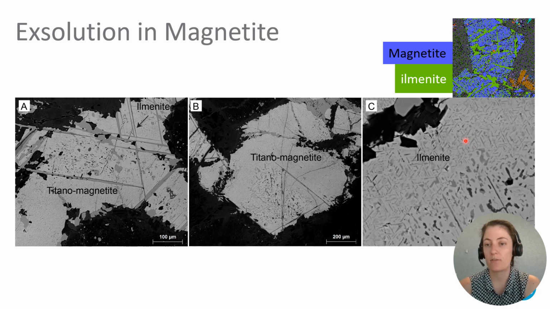So when we quantify this grain, those titanium phases will be incorporated into the analysis. For this case, I think that it's okay because this was the original magmatic composition of this magnetite. It had this titanium in the crystal structure, and as it cooled, it exsolved out of the crystal structure. So in this case, I believe that it's okay, but it's something that you should be wary of when using this technology.